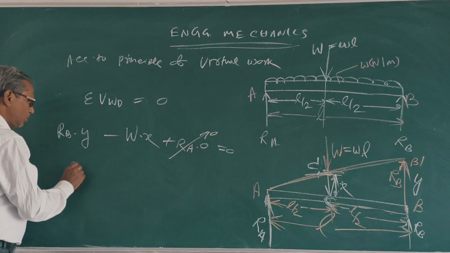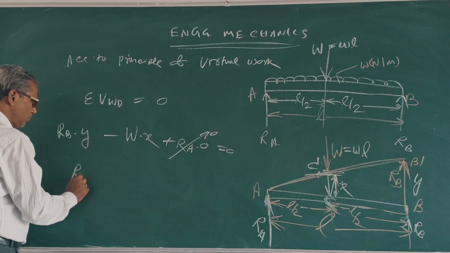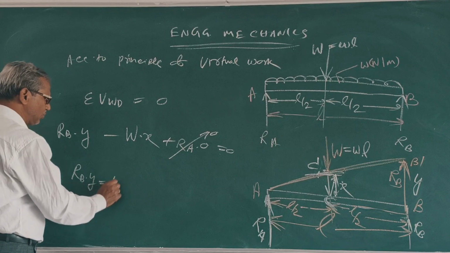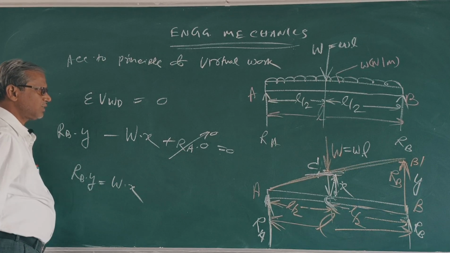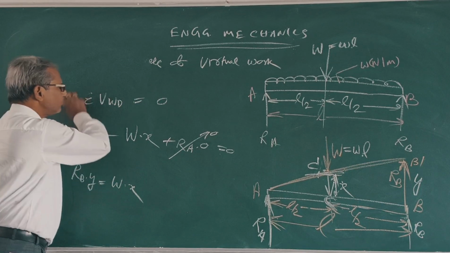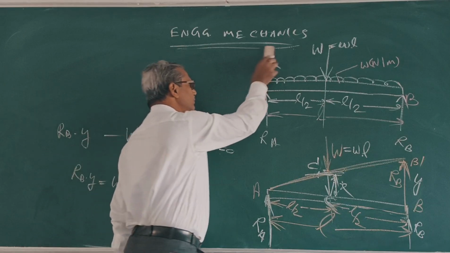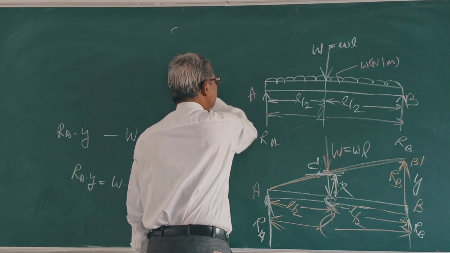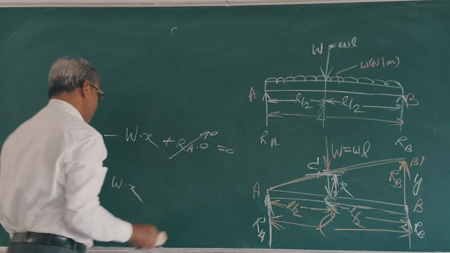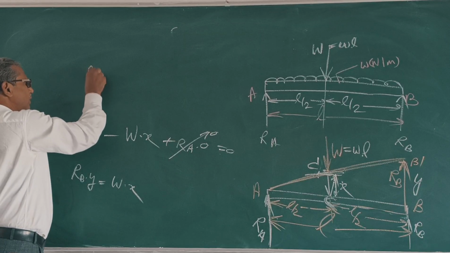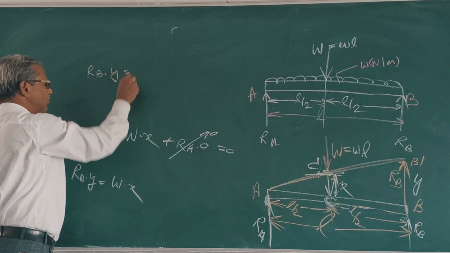So RB into y is equal to W into x. This implies RB into y is equal to what?